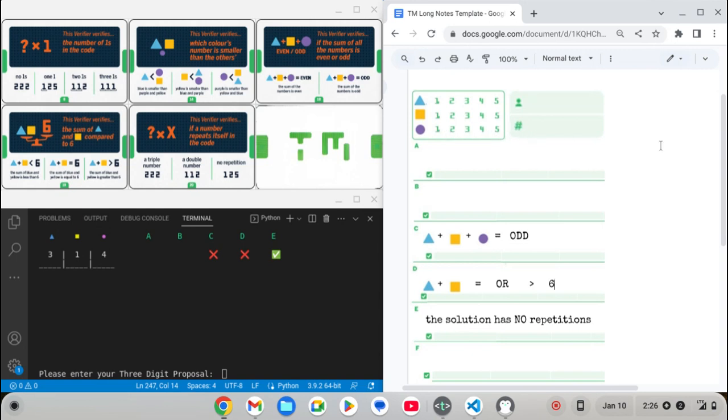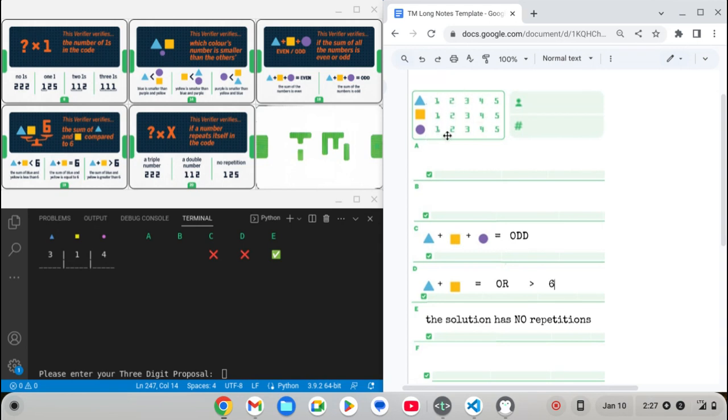Ooh, that's a good one. I don't think that would be possible. I don't think you could have a sum of 6 with two evens. Yeah, because if circle is the smallest with a 1, there's no guarantee.